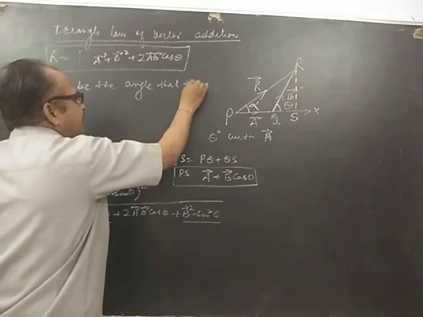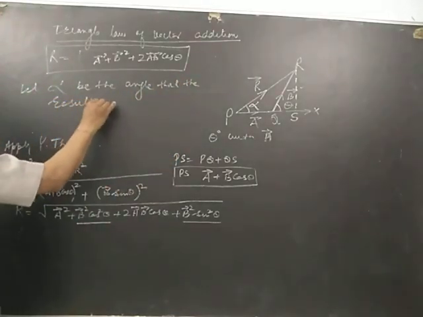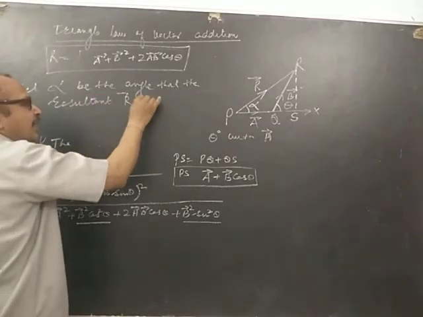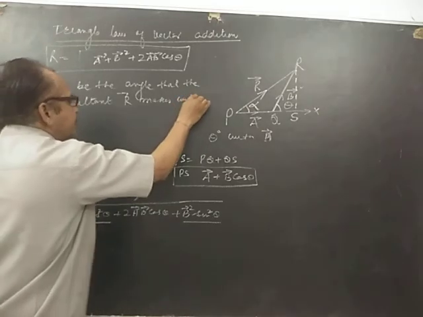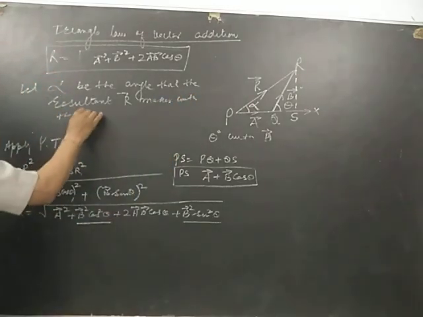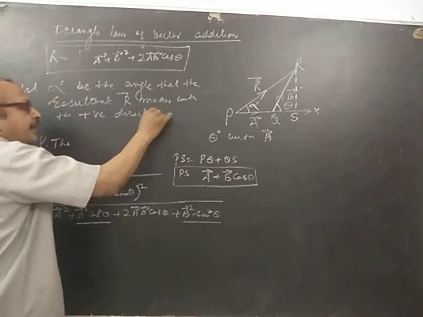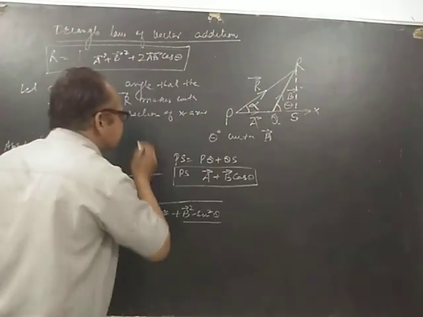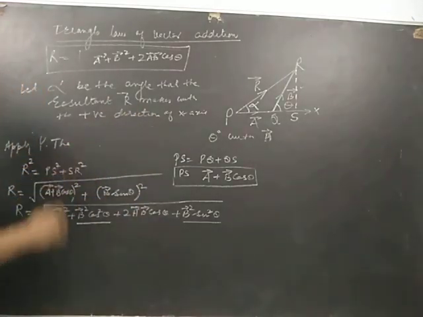Let alpha be the angle that the resultant R makes with the positive direction of x-axis. Is it clear, my dear friends? So this is what we have to find out.